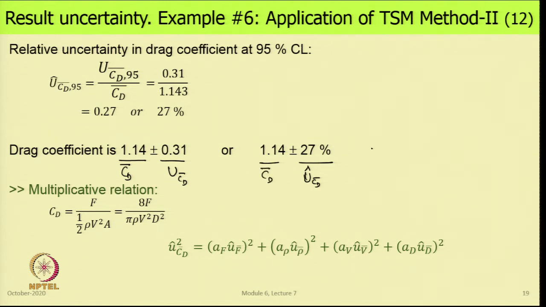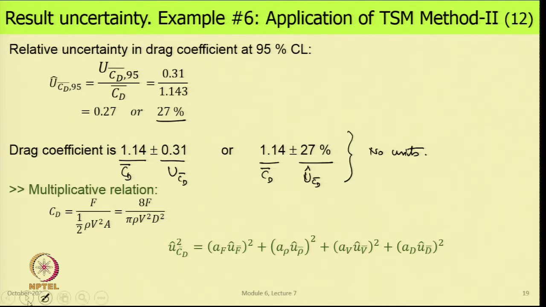Being drag coefficient, there are no units here, it is dimensionless. And this relative value came from here, where 0.13 divided by 1.14, which is about 27%. So this gives us the full information.